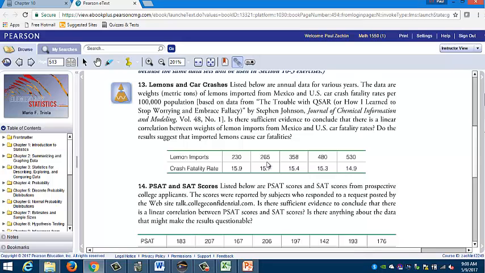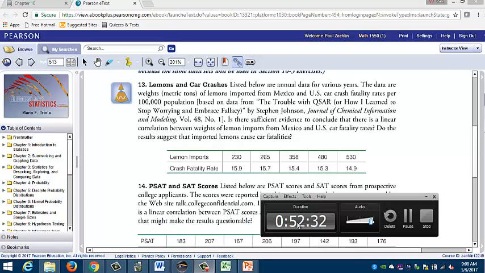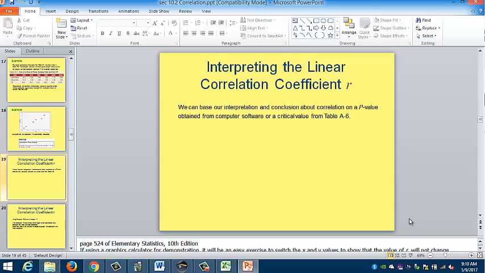Question number 2. Do the results suggest that imported lemons cause car fatalities? That's a big no. The point of this problem is interpreting the linear correlation coefficient.